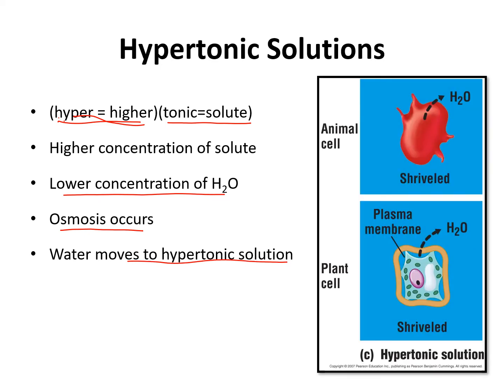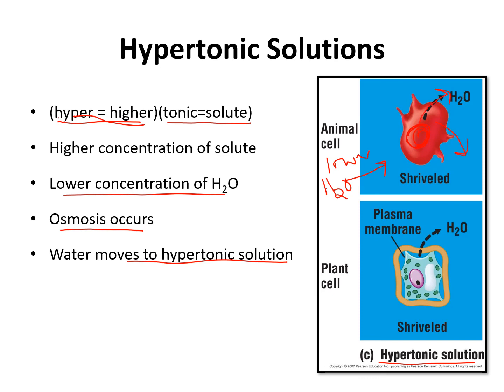And this is an example of cells being put in a hypertonic solution. So in this case, the environment has the lower concentration of water. So that means the higher concentration of water is inside the cell. So the water is going to move out of the cell.